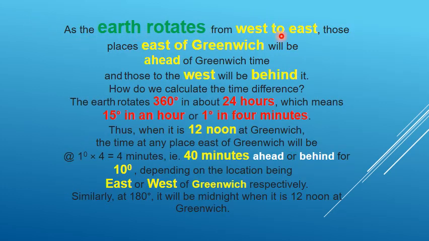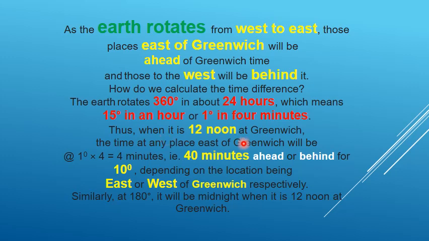As the earth rotates from west to east, those places east of Greenwich will be ahead of Greenwich time, and those to the west will be behind it. How do we calculate the time difference? The earth rotates 360 degrees in about 24 hours, which means 15 degrees in 1 hour and 1 degree in 4 minutes.